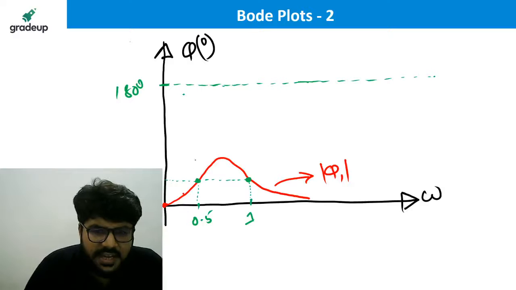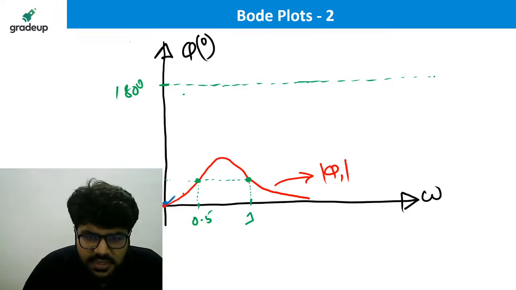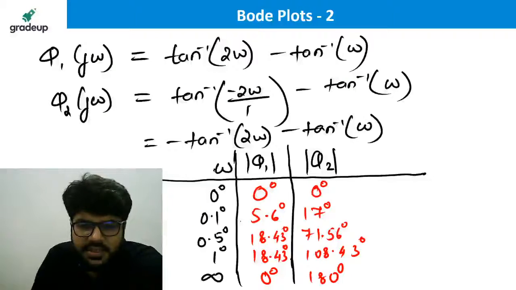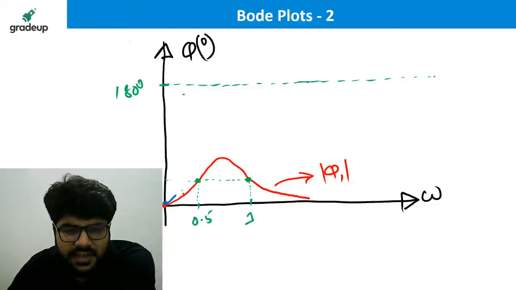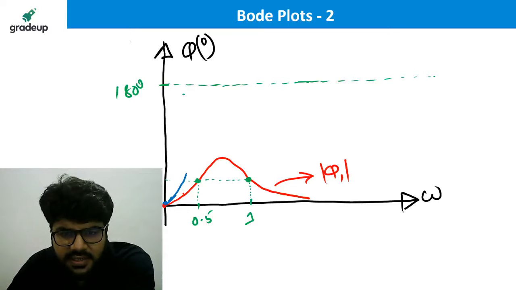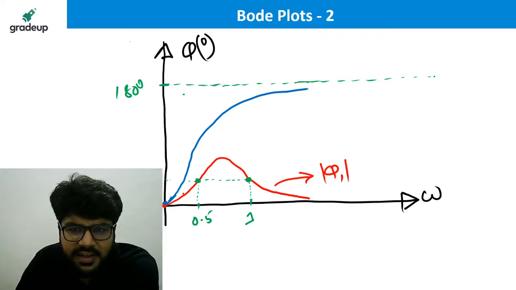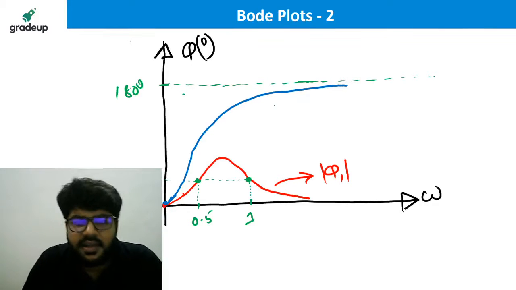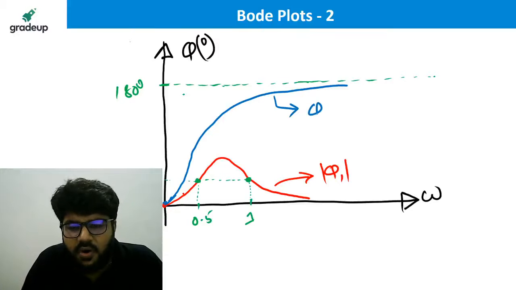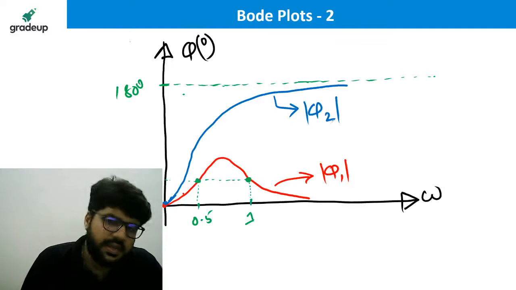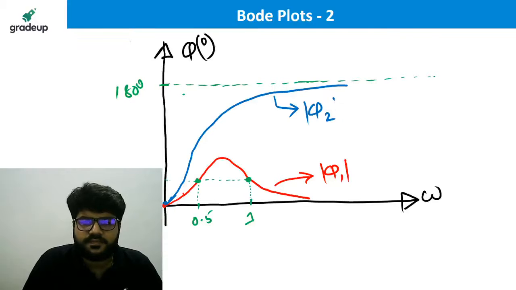Just a freehand sketch I'm using here. It starts from 0 only, but at 0.5 it has already become 71 degree. So it is increasing rapidly, and finally it tends towards 180 degree. This is the representation of mod of phi 2.